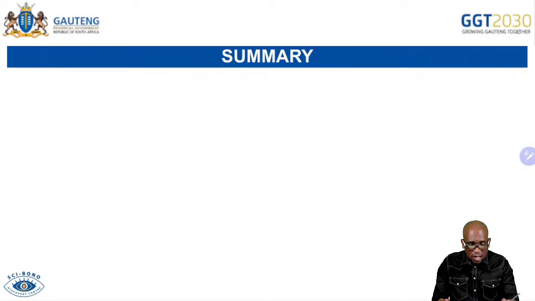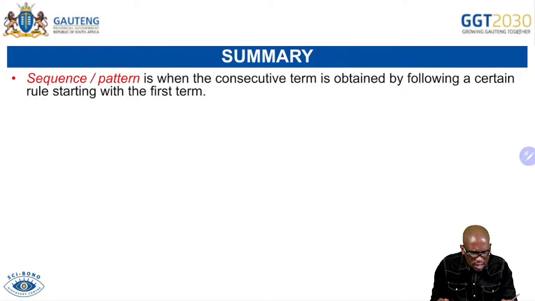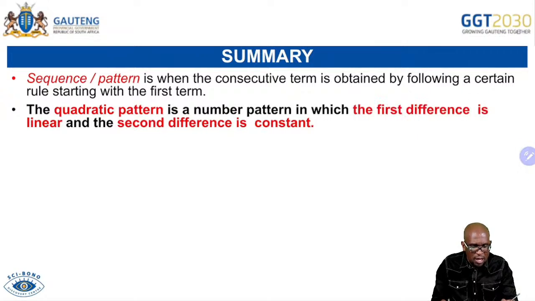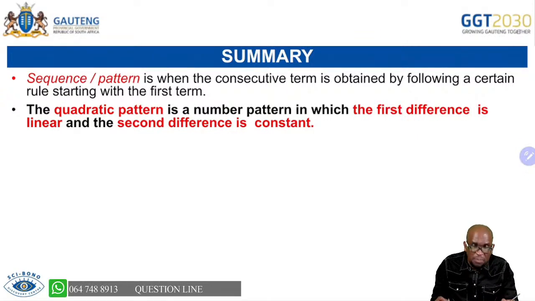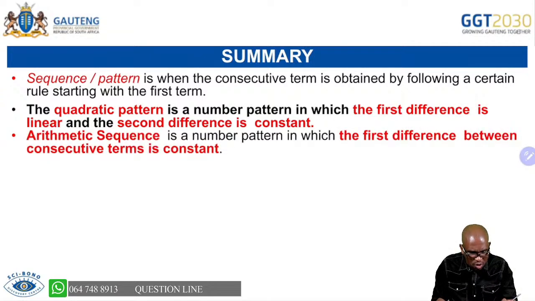Right. Let us summarize the lesson for today in closure. The sequence or the pattern is when consecutive terms are obtained by a certain rule starting from the first term. If the pattern is quadratic, then it will contain the first difference, which is linear, and the second difference, which is constant. However, if the sequence is arithmetic, then it will contain a constant first difference.